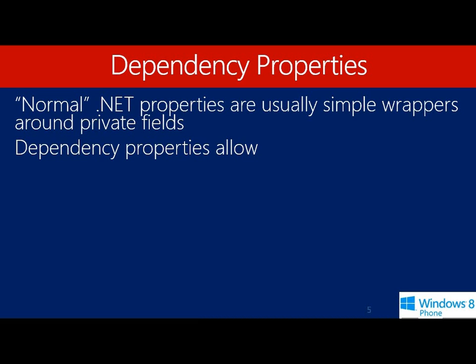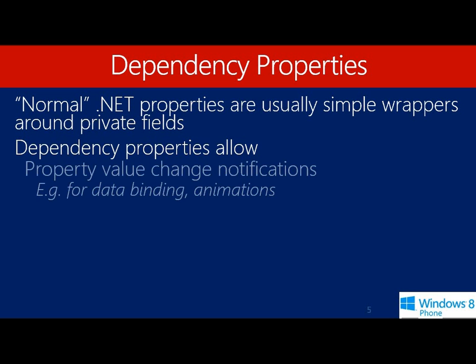In fact, they're implemented in a much more complex way, which we'll see a bit later on. So one thing that we get with dependency properties is change notifications. That means that data binding can work, because when that kind of property changes, it advertises that change, and some other entity can use that change to make some decision or take some action.